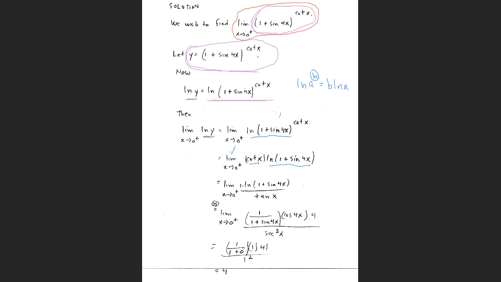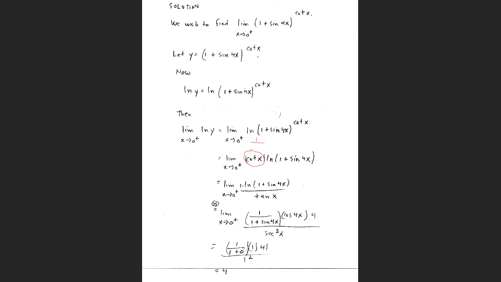Now what I have is the cotangent of x times the natural log of 1 plus the sine of 4x. But I need a ratio of two functions, not a product. The cotangent of x is the same as 1 over the tangent of x.